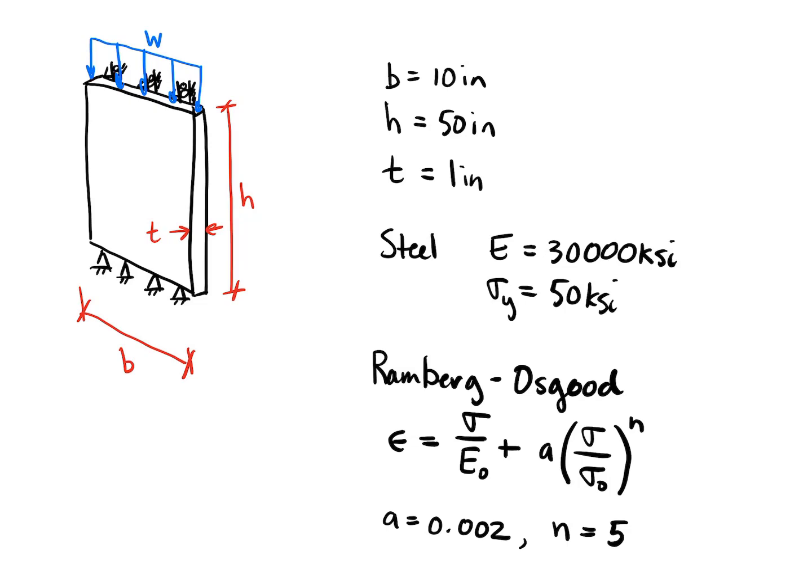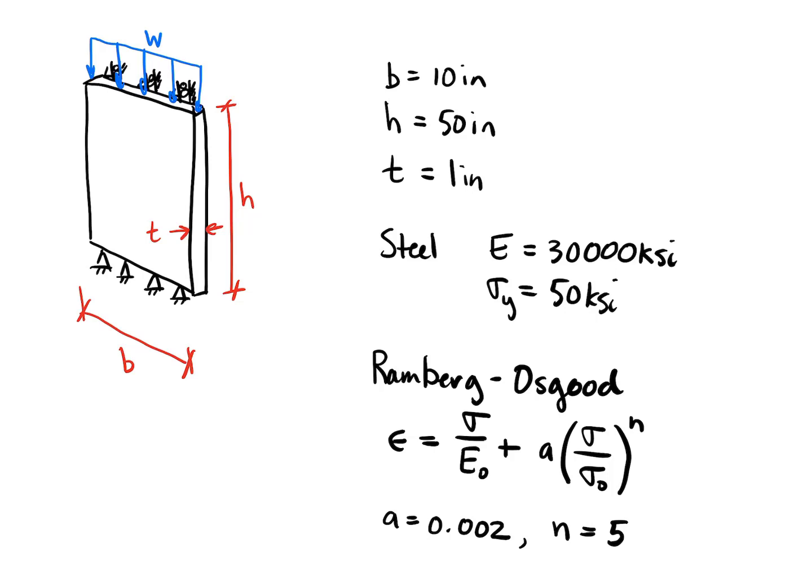We will model the plate first, assuming linear elasticity, and then we will account for yielding by modeling the stress-strain relationship using a Ramberg-Osgood model. If you look in the literature on the Ramberg-Osgood model, basically it's a nonlinear relationship between stress and strain, and the equation is shown on the picture here.